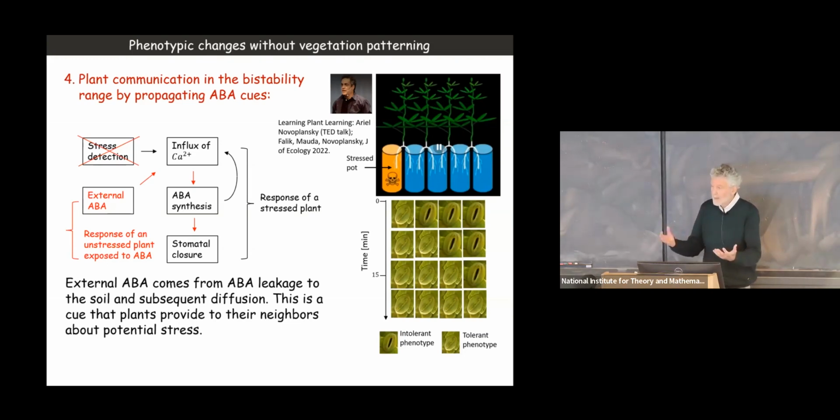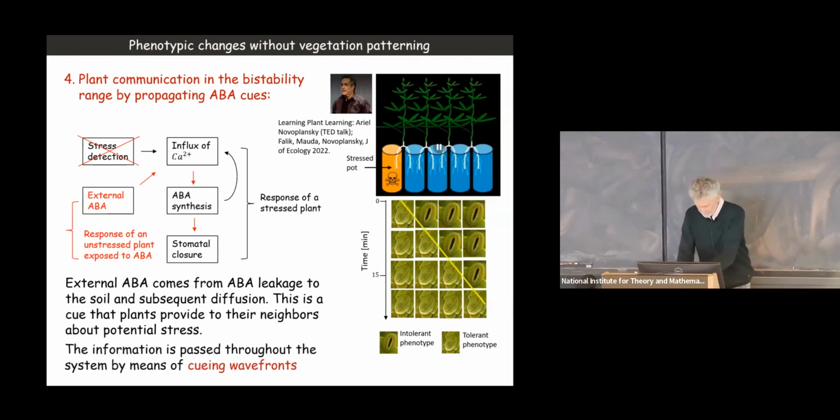And that ABA may come from the leakage of ABA from a stressed plant, a plant that responds by stomatal closure, leakage of ABA to the soil, and the next plant can sense it and respond as if it's subjected to stress, although it is not.